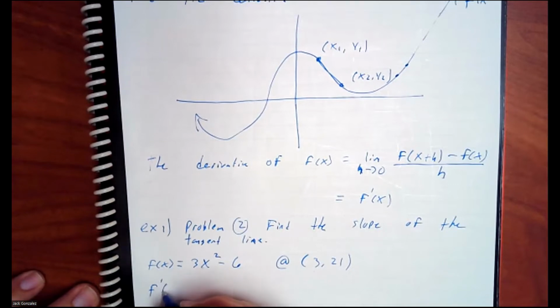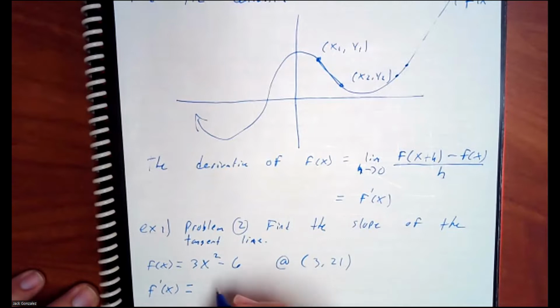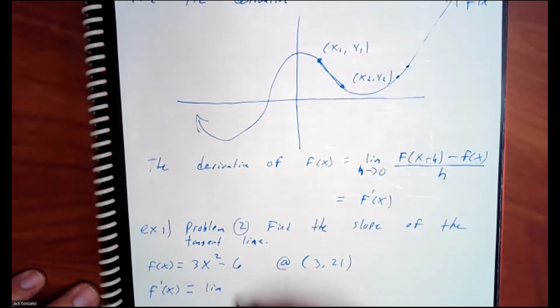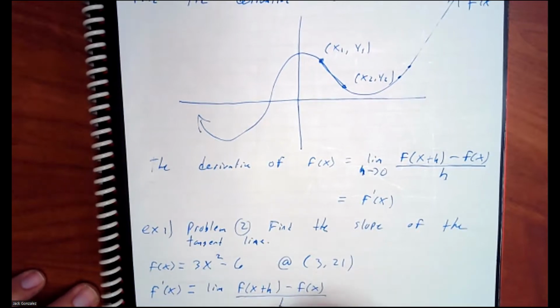So f prime, in other words the derivative, is equal to the limit of f of x plus h minus f of x over h as h approaches 0.